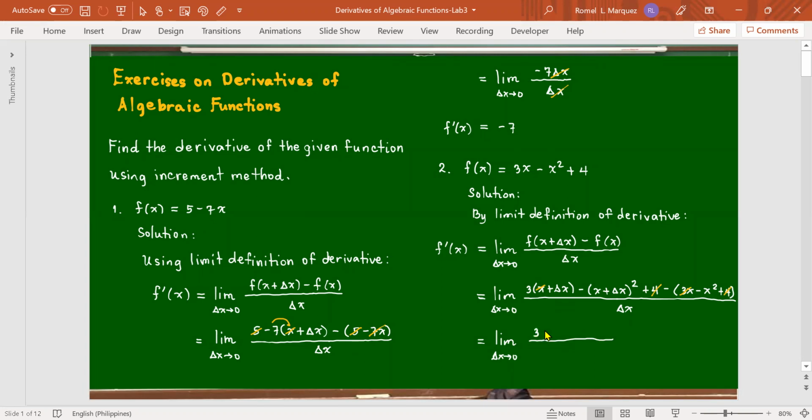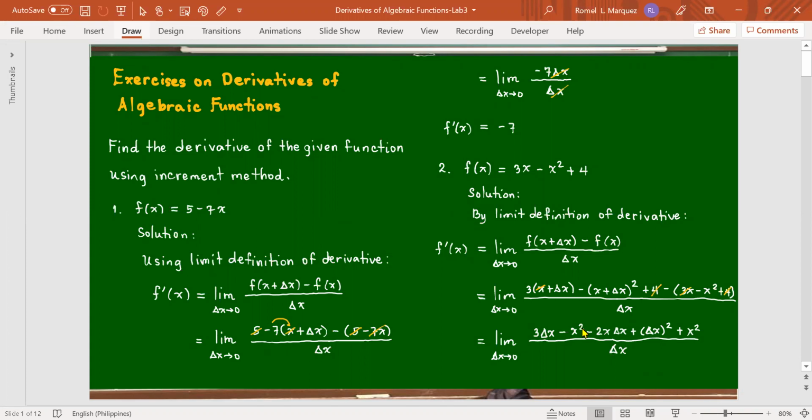This is simply 3 delta x, right? While this one, when we expand, is x squared plus 2x delta x plus delta x quantity squared, preceded by negative, so everything will be negative. So minus x squared minus 2x delta x, and then minus delta x quantity squared, and then plus x squared, all over delta x. Okay?